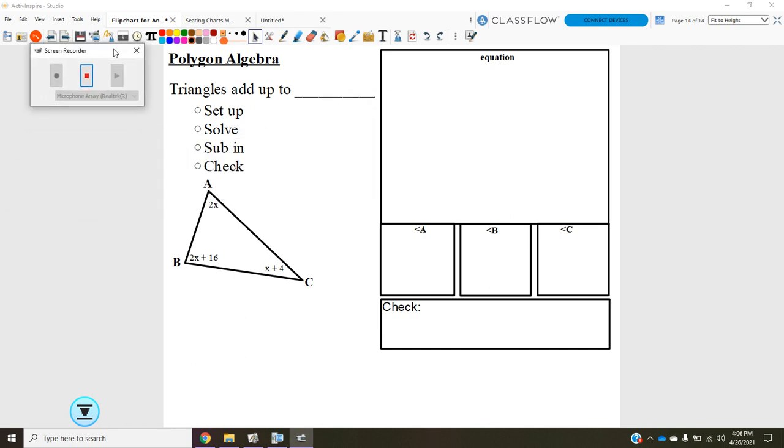Okay, last screen. Triangles add up to 180 degrees. So when I set up the equations for these, they can get really long. So instead of writing them all out separately, let me show you how I got 5x plus 20.